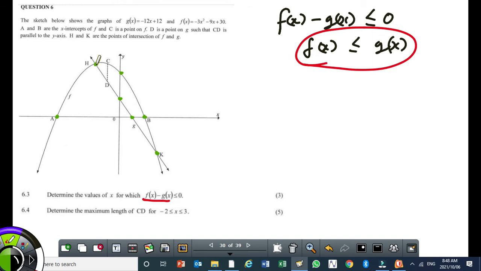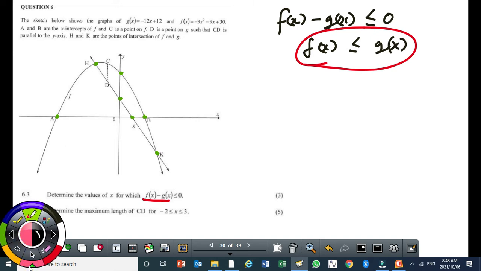Now, if we start from the left, our critical point is going to be this point of intersection. I'm sure you can see that the linear is going up. So from this point, going to the left, the linear is above the what?